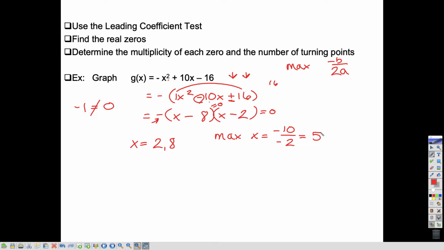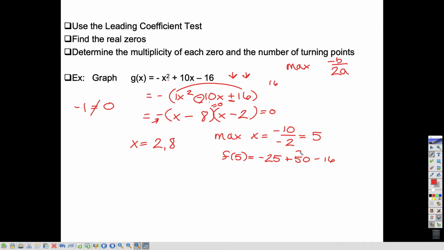Now, how do I find the y? Put the 5 in. So I have f of 5. So 5 squared is 25, and it's going to be negative, right? And then 5 times 10 is 50. And then minus 16.